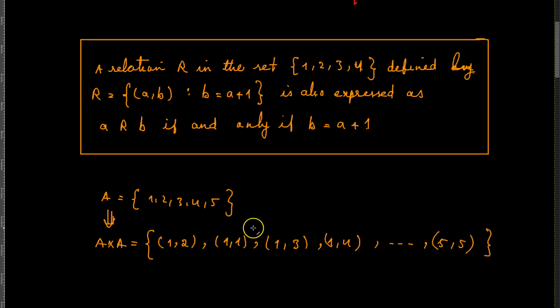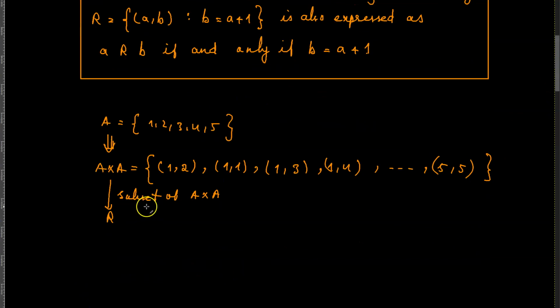All the way up to 5, 5. You get, I think, how many elements you get there is, I suppose, 5 times 5 is equal to 25 elements. Now R basically is a subset of the Cartesian product of A and A, depending on the rule of R, or depending on the condition that R has.